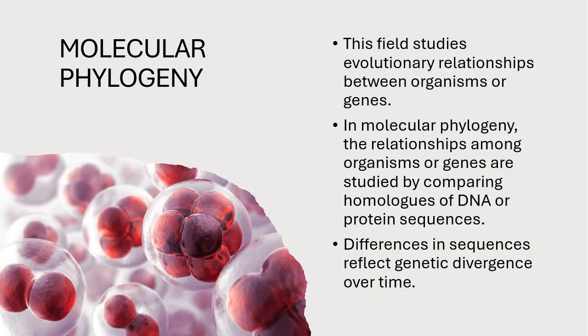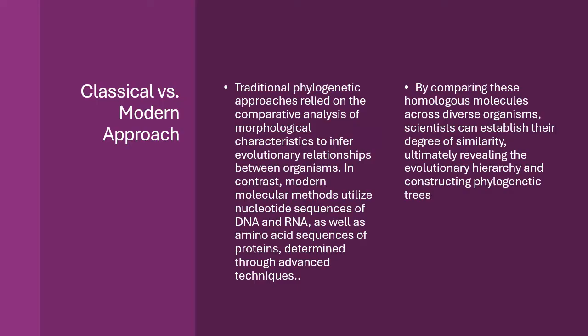So in terms of comparison, we use DNA and protein sequences for molecular phylogeny. In this approach, we have the traditional phylogeny approach and the modern day classification using phylogeny. In the traditional phylogeny approach, microorganisms have been identified using observable characteristics.